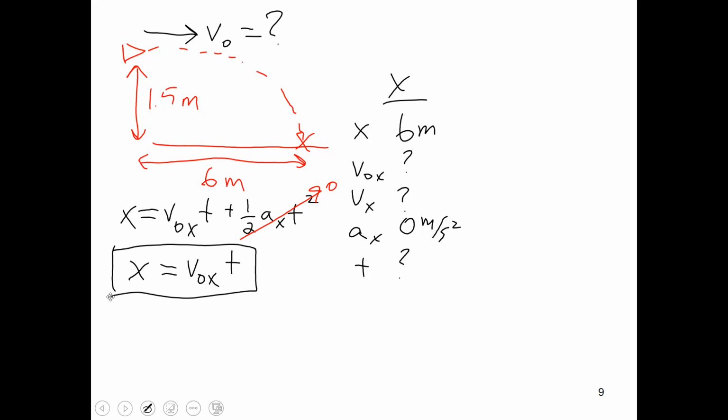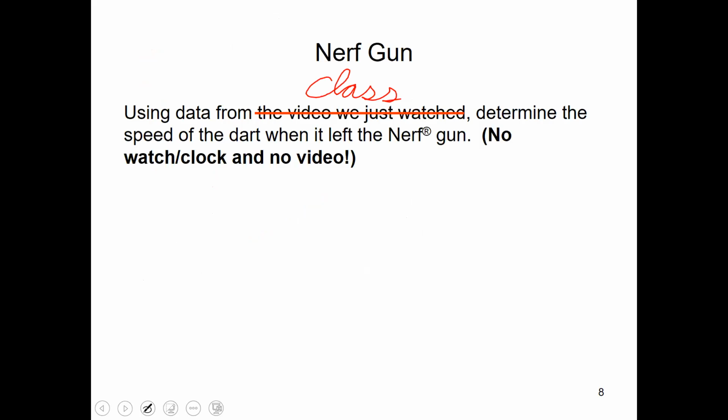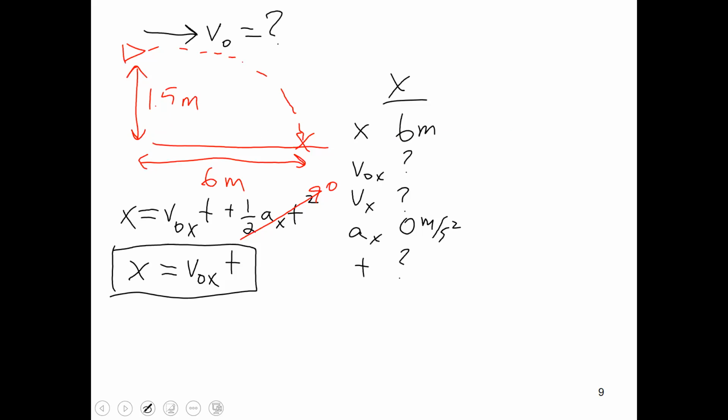So what I need to do from here is turn around and look at my motion in the Y direction. Okay, so in the Y direction, my displacement in Y is, let's see, it starts up high and drops lower. So its displacement is going to be a negative 1.5 meters.